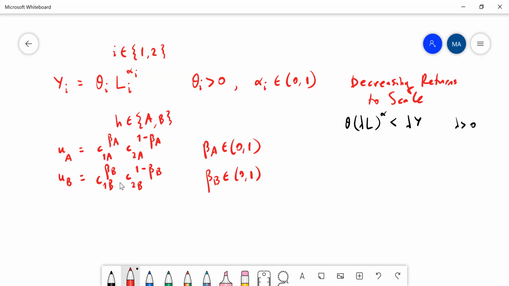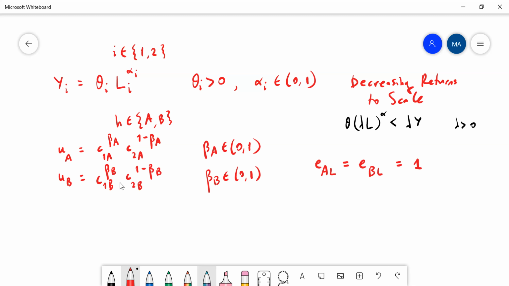Now, if you want to write profit functions, I was really sloppy here. These consumers also have labor endowment, and these labor endowments are equal to 1.